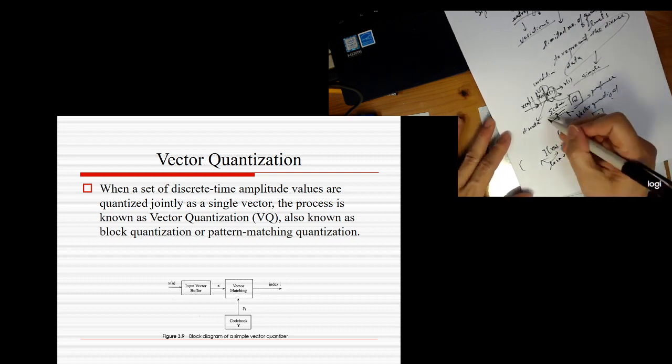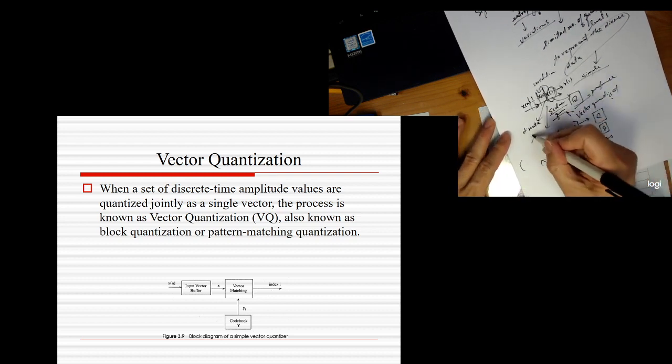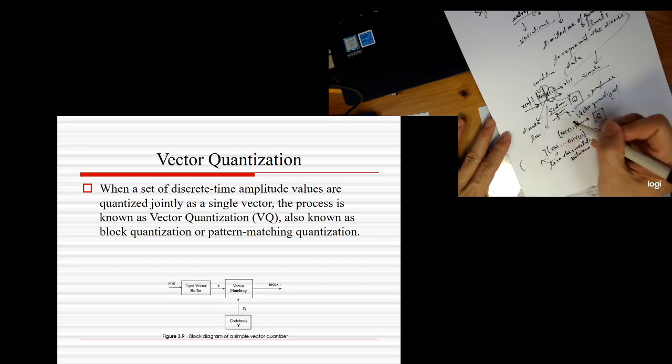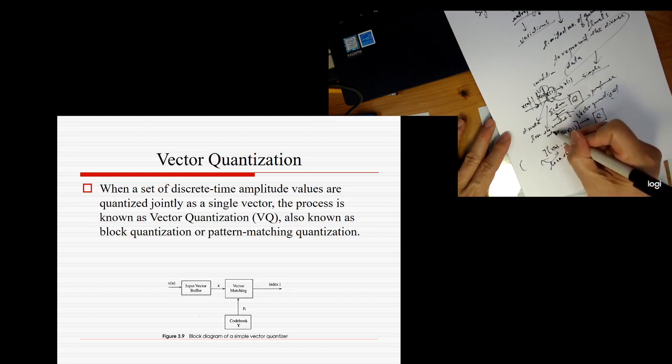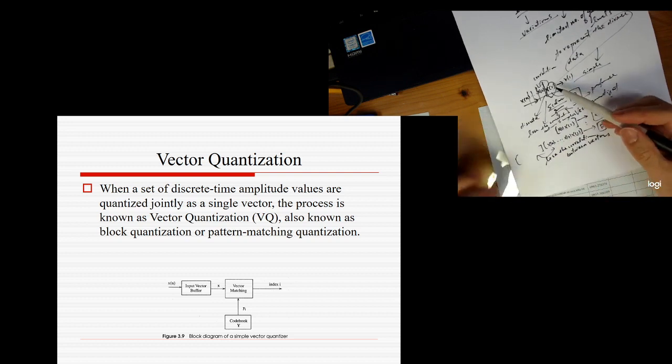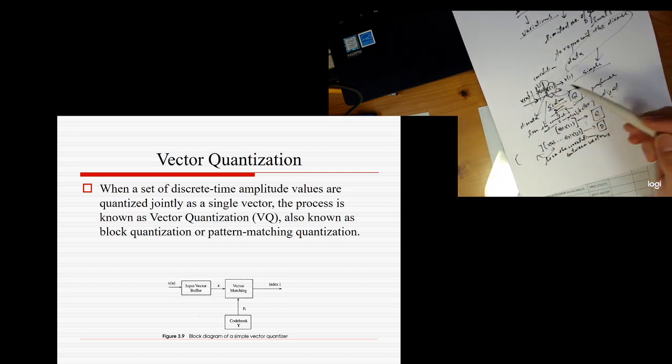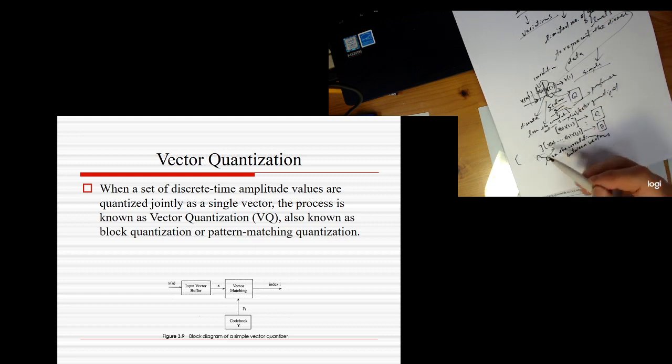Scalar quantization loses more because it is sample based, while vector quantization only loses correlation between vectors.